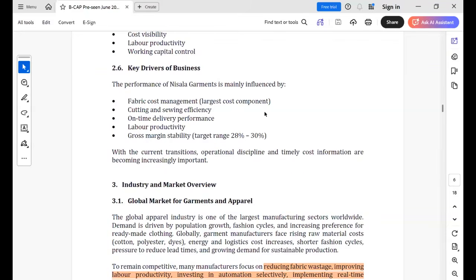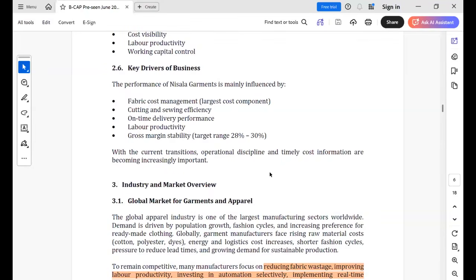Garment manufacturing is basically labor intensive, right? You need people to sew the garments, right? And also labor productivity and gross margin stability. So what is highlighted in the case is that you target a GP margin of 20 to 30%, right? So that is basically a sustainable margin range.